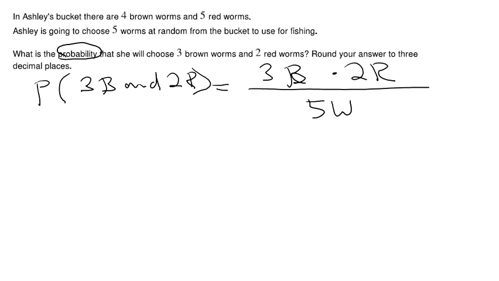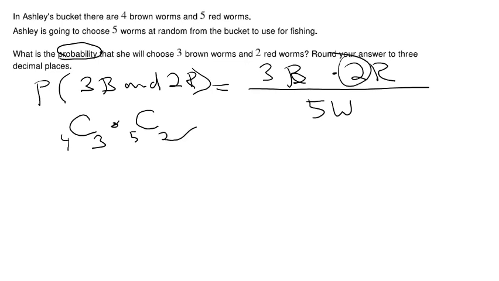Well, how many ways can we pick 3 brown worms? Well, that's a combination. We're picking from 4, 3. How many ways can we pick 2 red worms? Well, that's a combination. We're picking from the 5 red worms, 2. I think I said 3, but whatever.